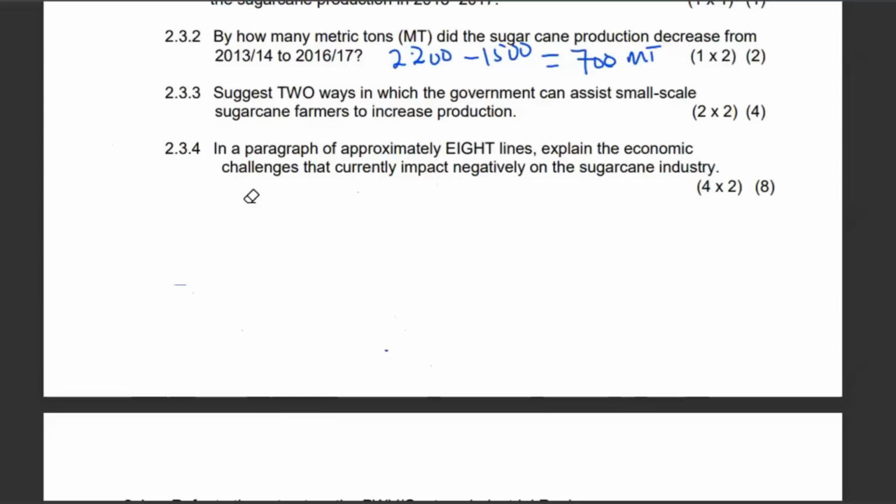Our question is specifically looking for economic challenges that are impacting on sugarcane farming. That is number 2.3.4. We need to answer this question using economic arguments, something that has to do with income, making money and also sustaining a life.